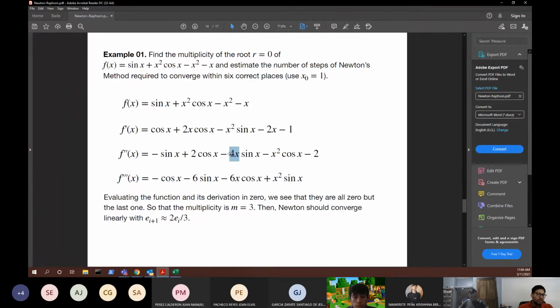No, it's correct. This 4 is correct, because I'm adding the derivative of this one in the second term. And then this one is going to be minus 2, and it's going to be 0 for the next one. So it's fine.